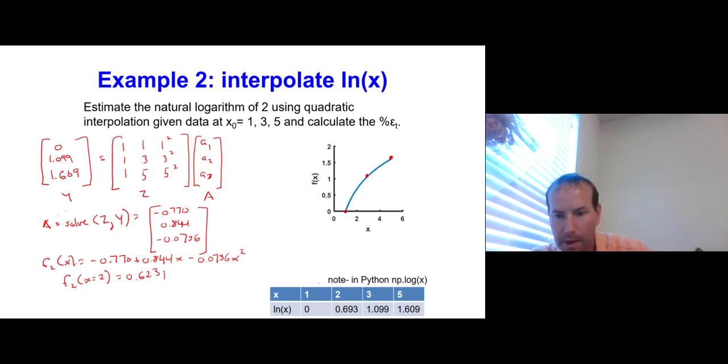And if you compare that to the true value, the natural log of 2 is 0.693, and so you should find that the error is about 10%.